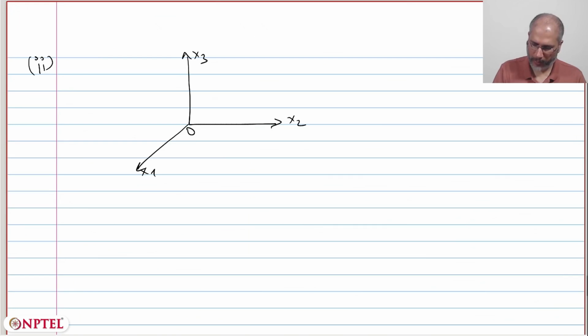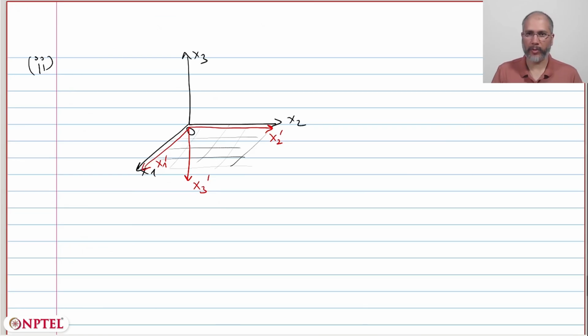So the x1 x2 plane is this plane, and if I reflect things about this plane, the x3 axis goes down. x1 prime and x2 prime coincide with x1 and x2 respectively, but x3 prime goes down.